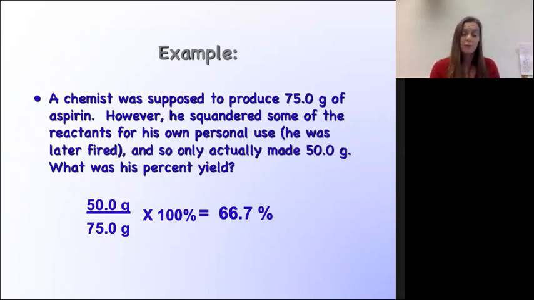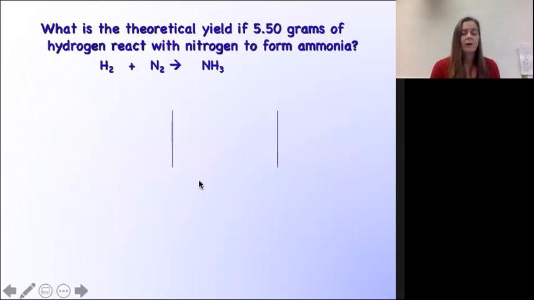So sometimes you'll be given actual and you'll be given theoretical and you're just asked to calculate percent. But more often, you're asked to calculate the theoretical yield. So now we have a stoichiometry problem. What is the theoretical yield if 5.50 grams of hydrogen react with nitrogen to form ammonia? In our stoichiometry problem, the first thing we're going to do, as always, is balance our chemical equation.